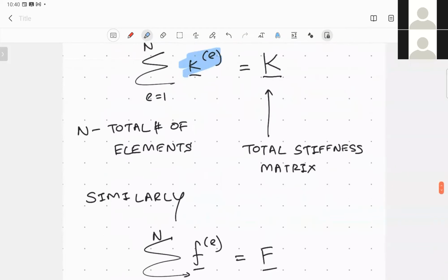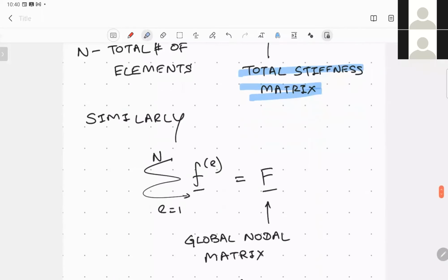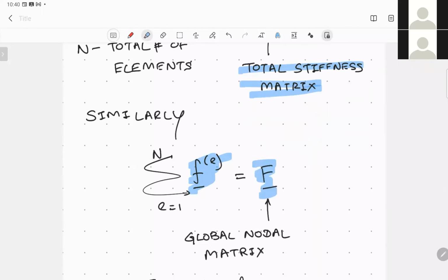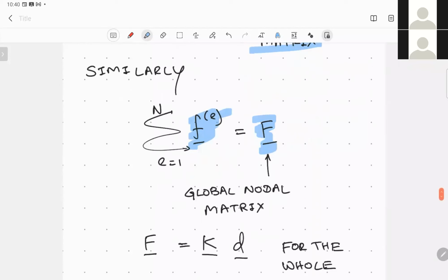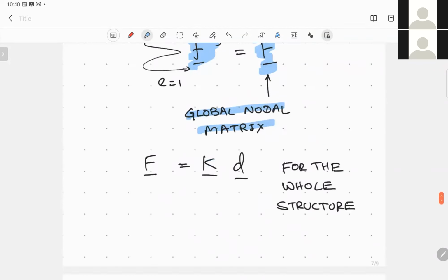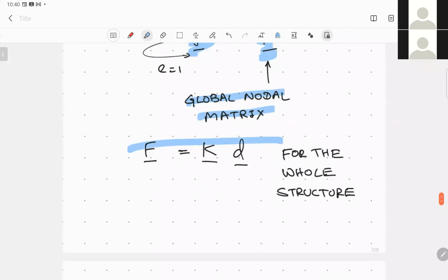It's a matter of summing up to obtain the total structure stiffness matrix, and similarly you can sum up the forces applied for each element in the global coordinate system to relate it to the global nodal force matrix, considering the whole structure. So this is the total structure stiffness matrix where all the components are assembled, which relates the total nodal forces applied on the structure to the total nodal displacements.